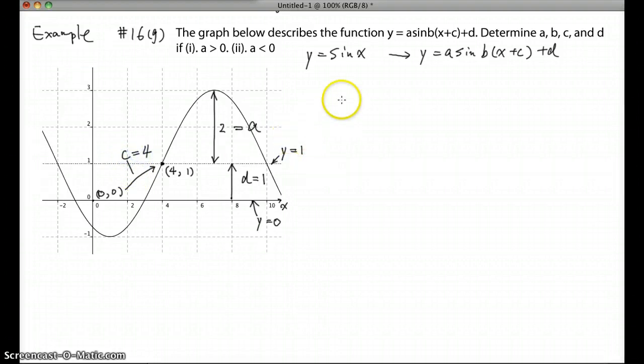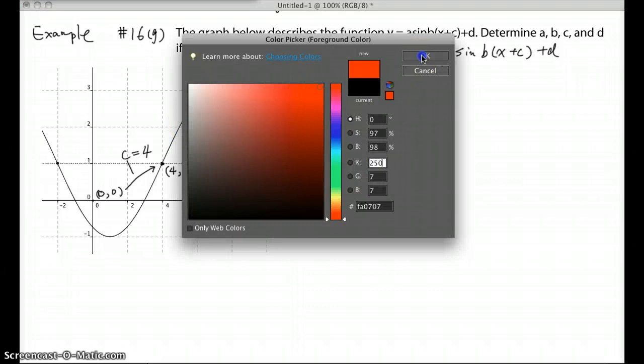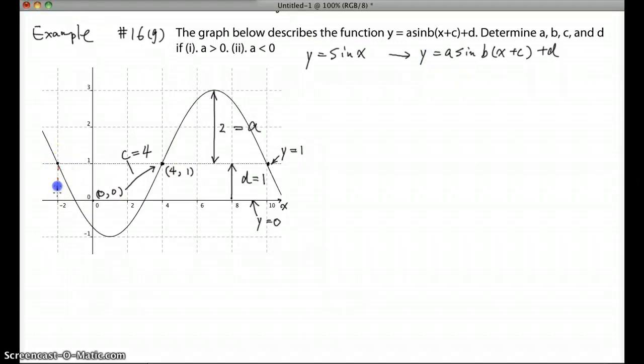Okay, the other thing is you need to decide the B. The B tells you how much horizontal expansion or compression. So if you count the period starting from here to here, let's see how much the period is for this transformed function.